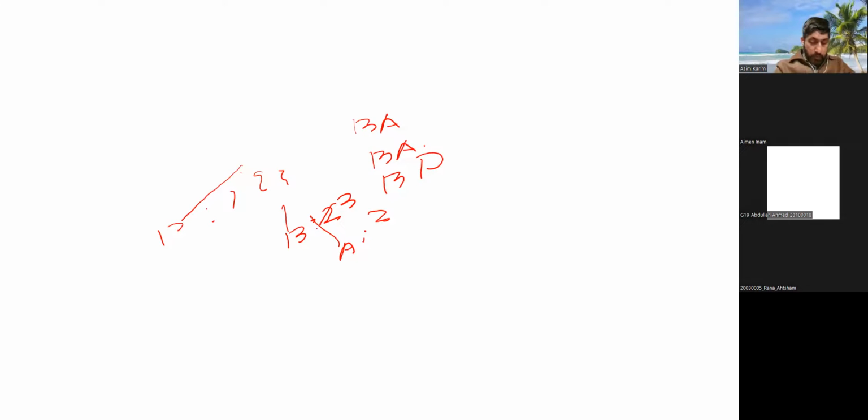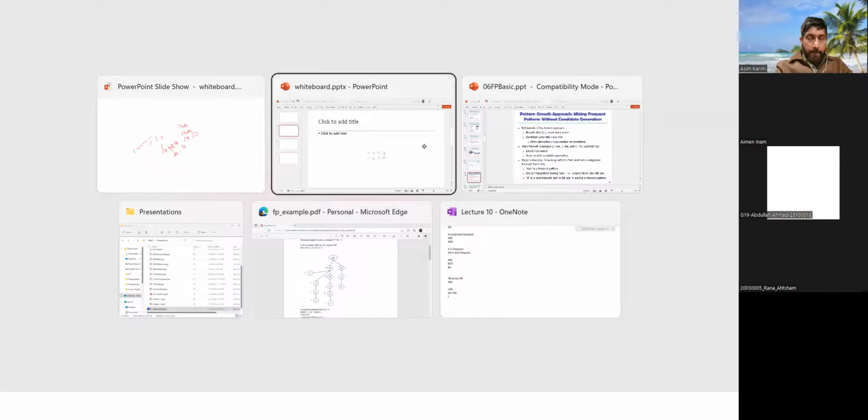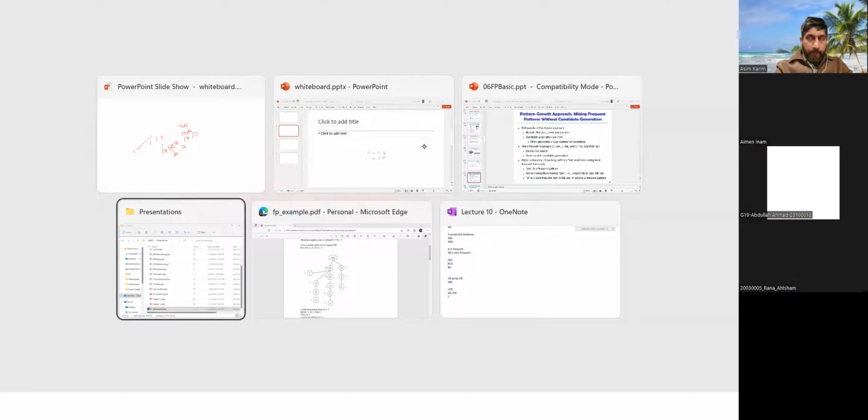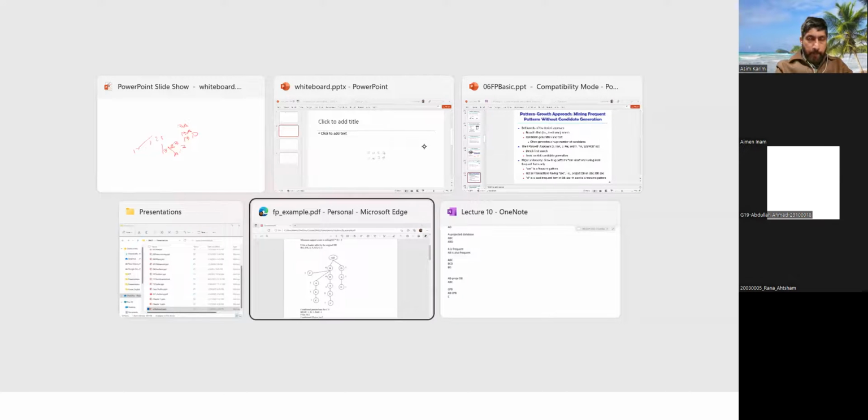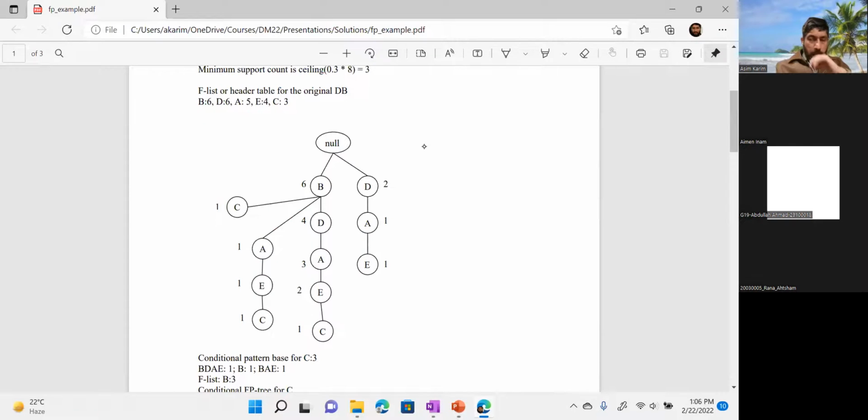So let's look into that step. So I think you can see the tree here, the original tree. I've drawn it here.